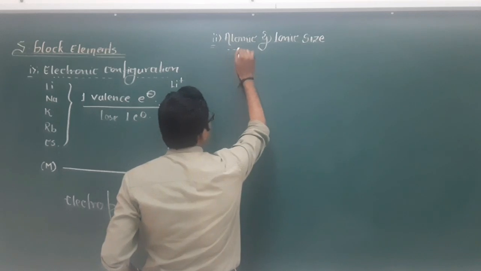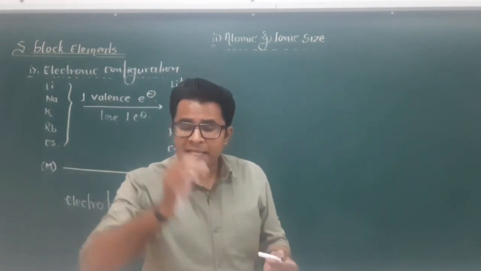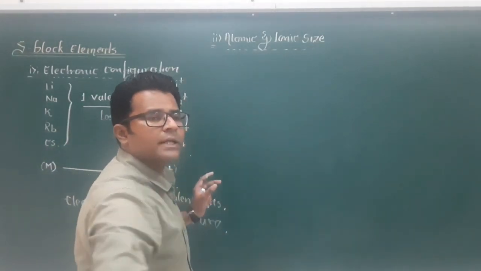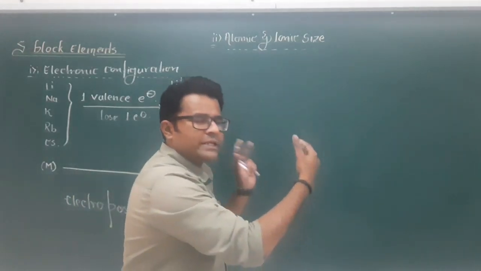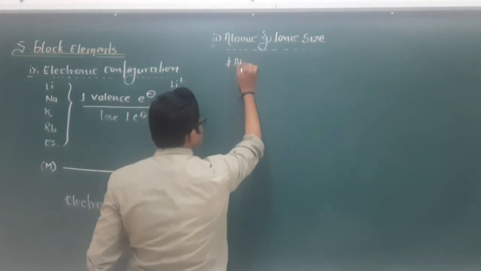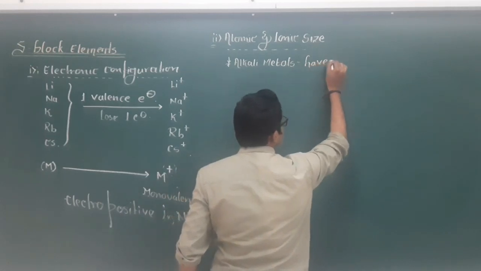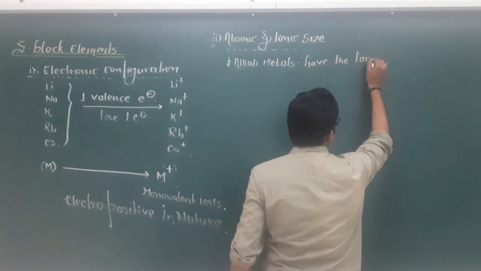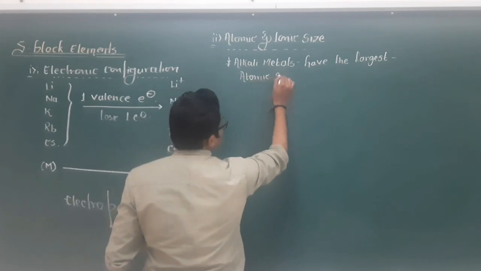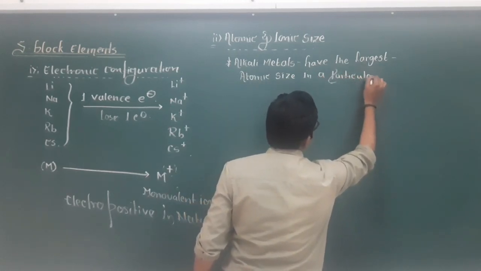Generally in the periodic table, as we travel from left to right, the atomic size gradually decreases. So can we say that these alkali metals have the largest atomic size in a particular period?